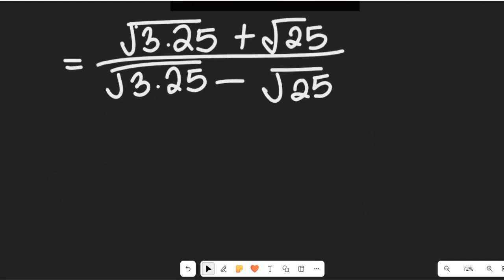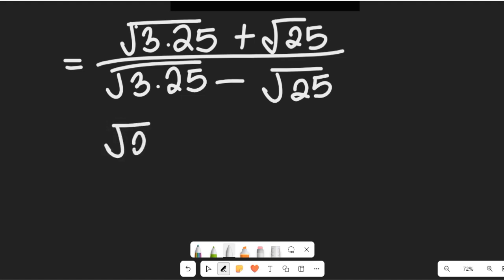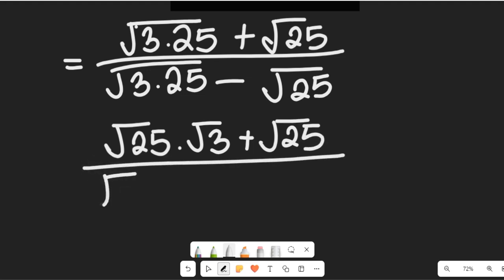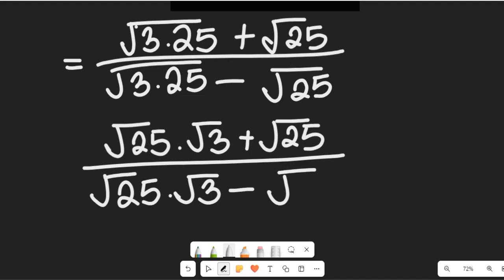Now, in the next step, we're going to separate this square root to give us the square root of 25 multiplied by the square root of 3 plus the square root of 25, all divided by the square root of 25 multiplied by the square root of 3 minus the square root of 25.